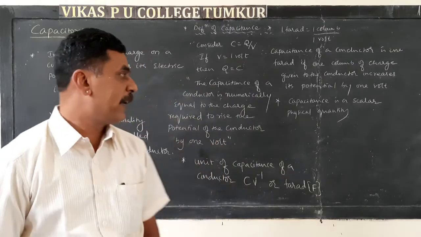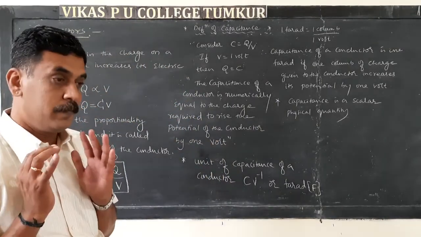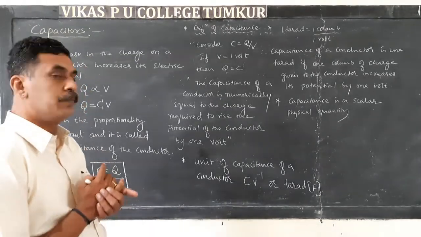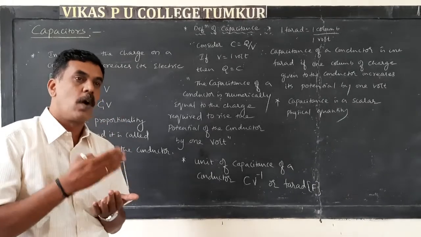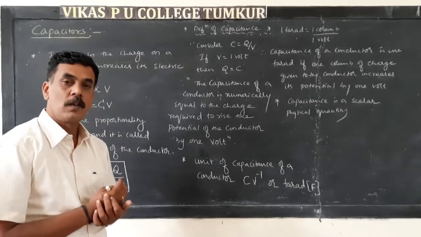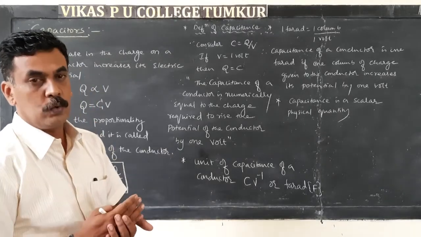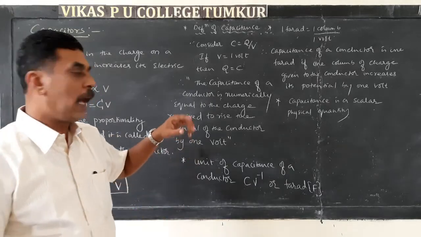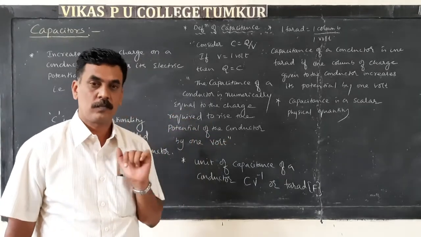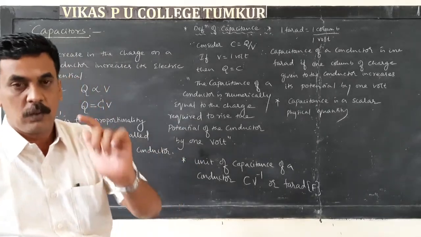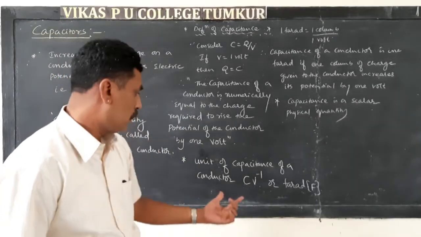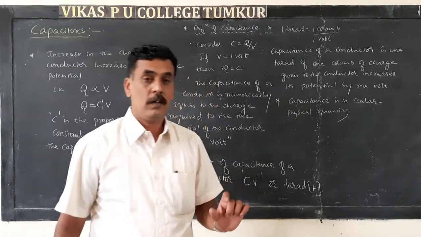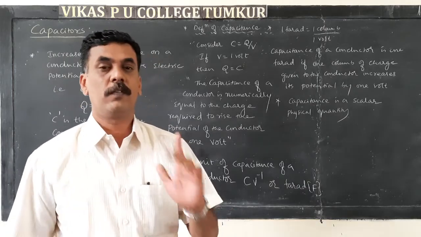So, when a very new physical quantity is introduced, you have to understand what that physical quantity is, and thereby you have to define it properly with a definition. You have to understand its unit and define the unit. And finally, you have to give the dimensional formula.